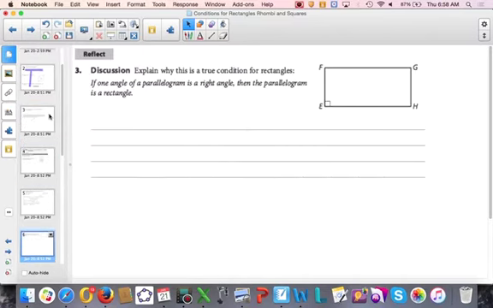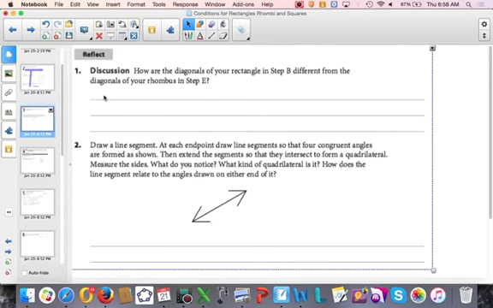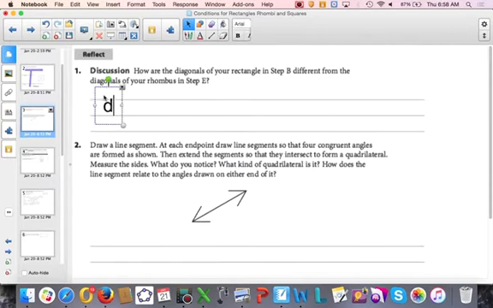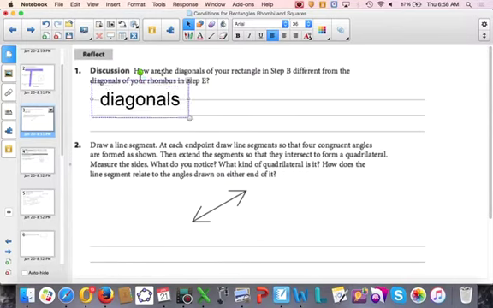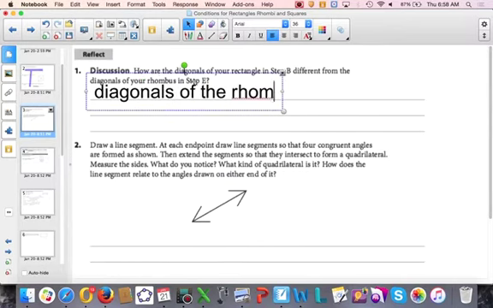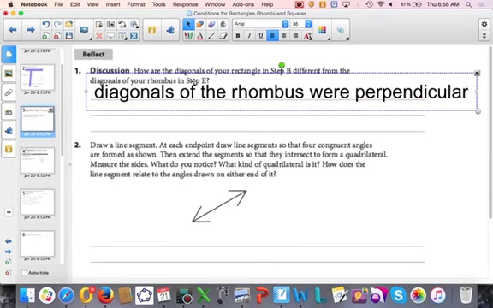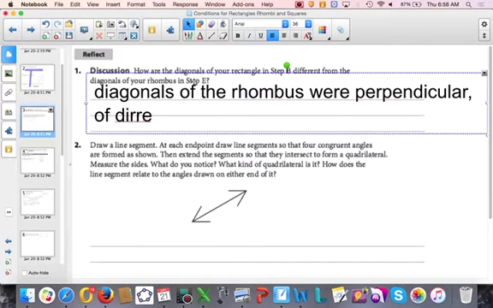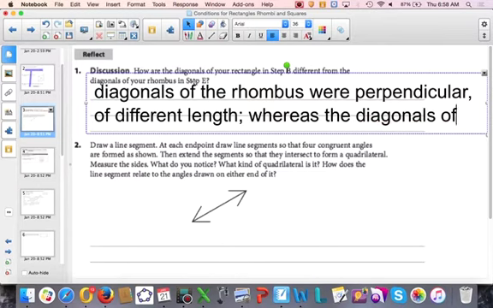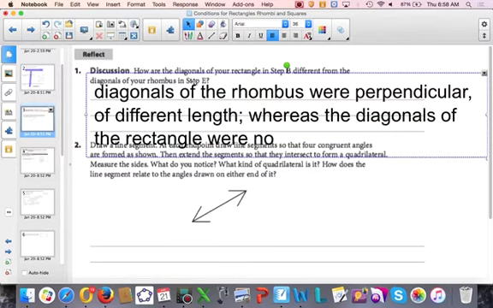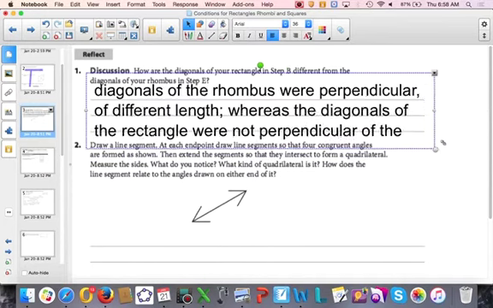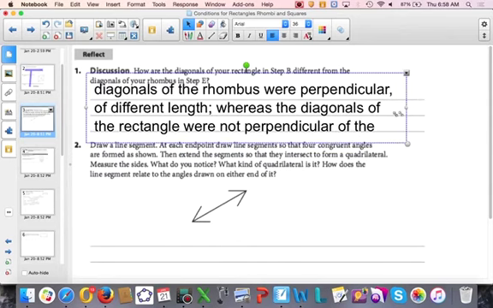The diagonals of the rhombus were perpendicular and of different length, whereas the diagonals of the rectangle were not perpendicular, and they were the same length.